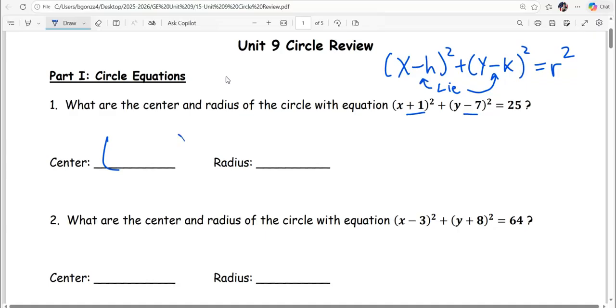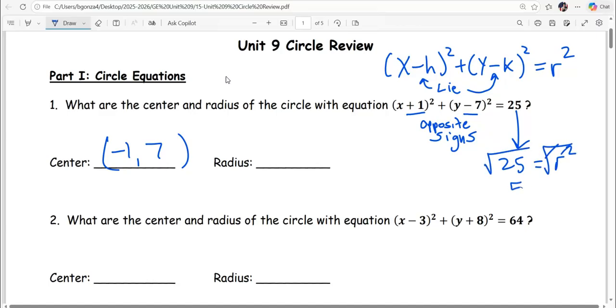So instead of saying the center is 1, -7, it's -1, +7. Opposite signs, right? And then this 25 is not r, that's r squared. So we need to square root, and you get the square root of 25 is 5.